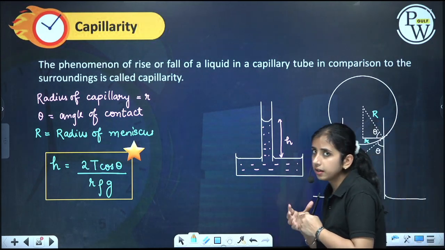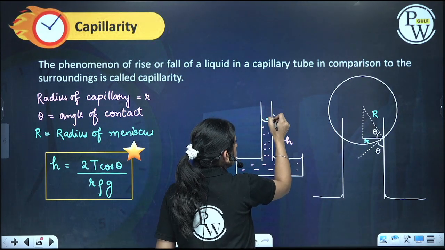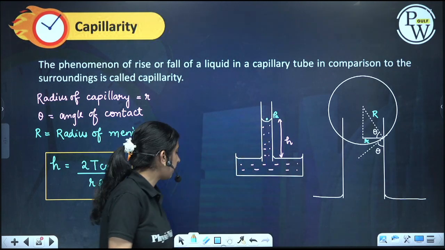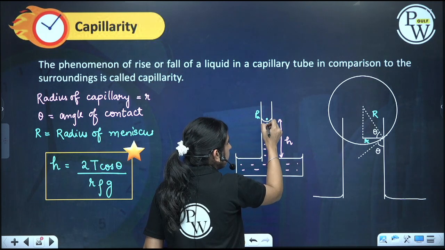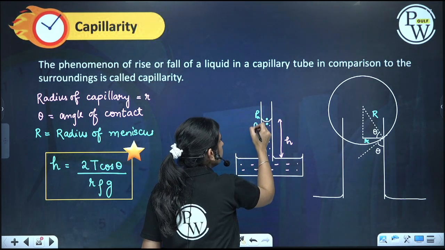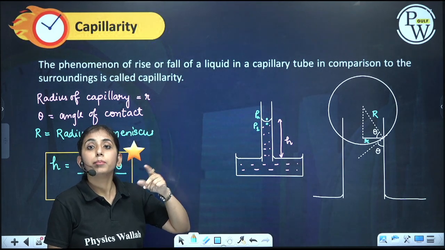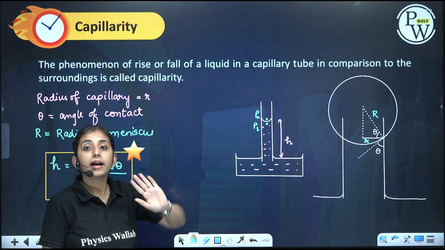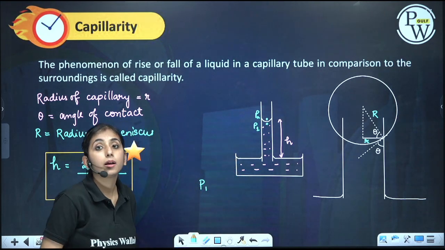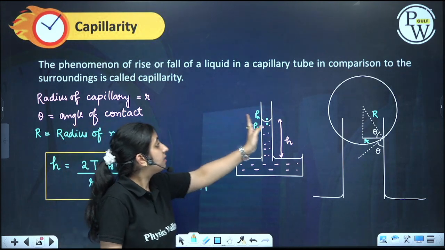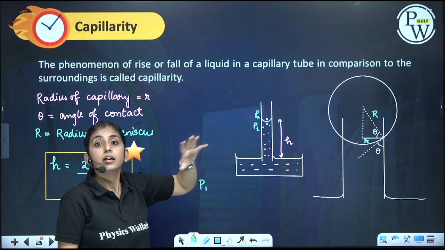Now why does it rise? Let us talk about this. Suppose the pressure just above the liquid surface is P atmospheric, and the pressure just below the meniscus is P1. Now P1 will be less than P atmospheric because the pressure on the convex side is less. By how much? Consider it as a liquid drop.